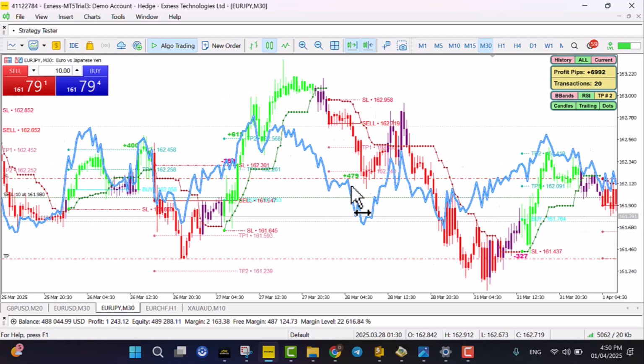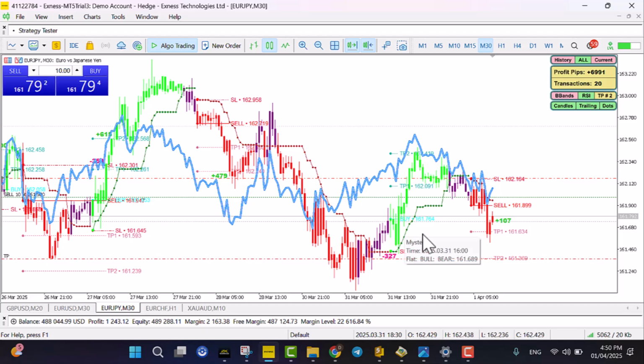So I'm going to use this trade as an example here. I entered at this level right here, and that's good. That gave me a sell signal here using all these filters that I have been talking about.